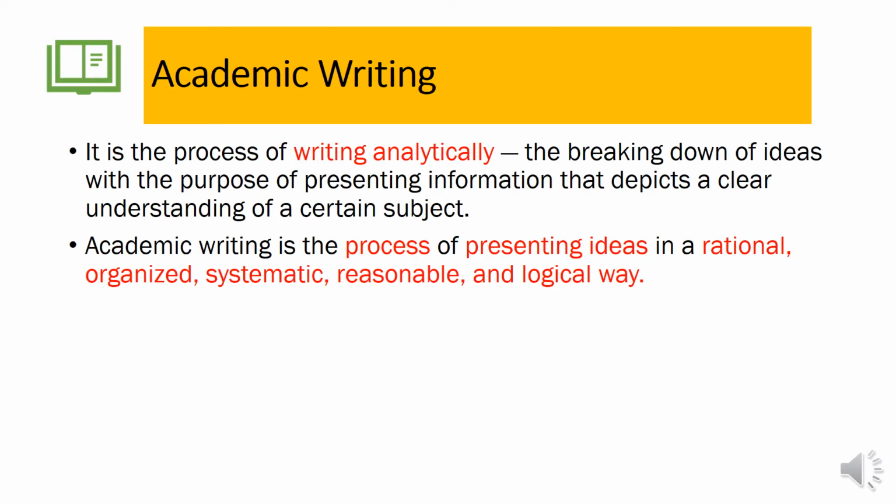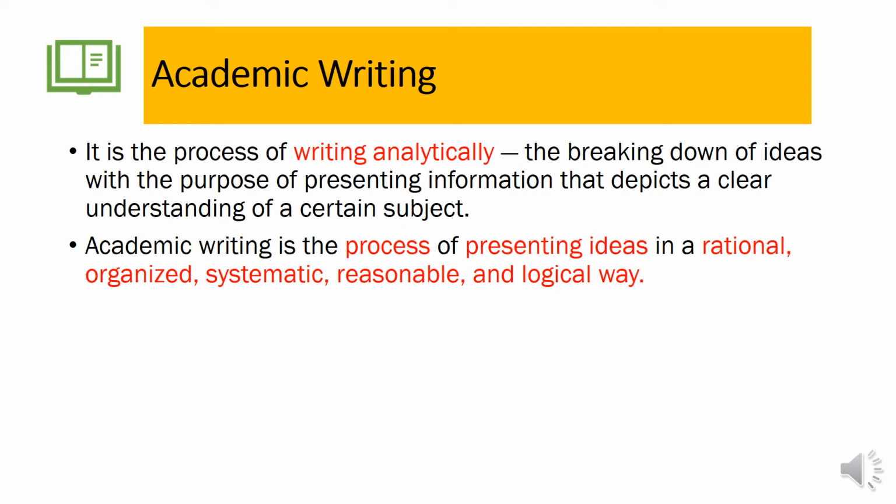Moving to academic writing. Before we go into detail on what academic writing is, we have to understand its definition. Here in this slide, academic writing refers to the process of writing analytically.